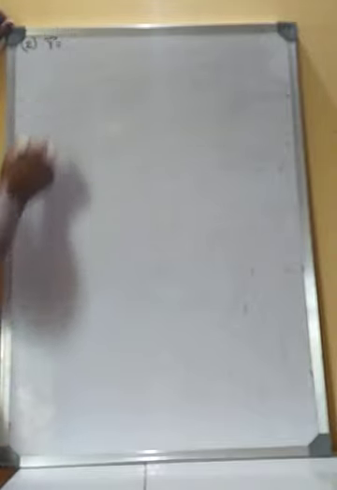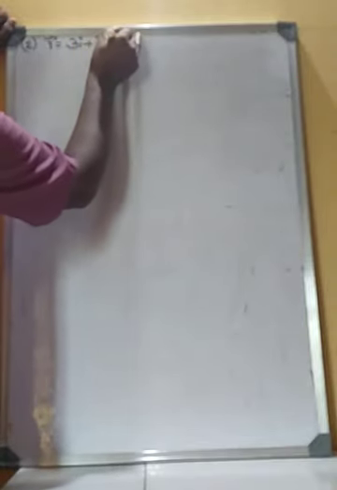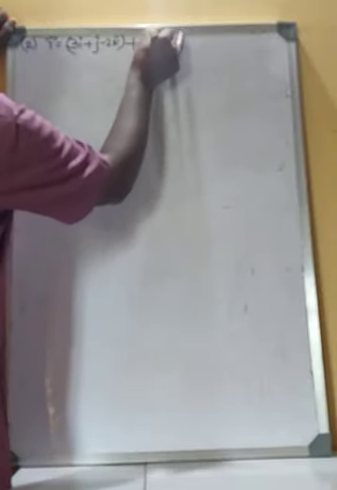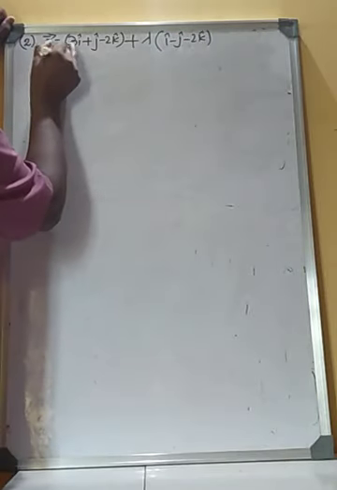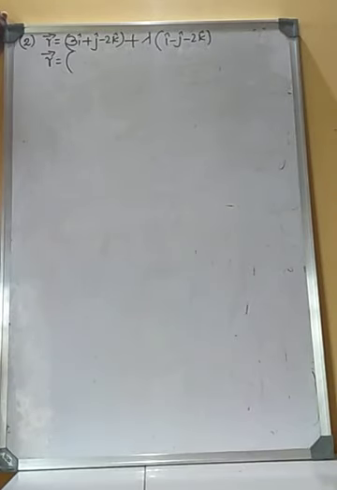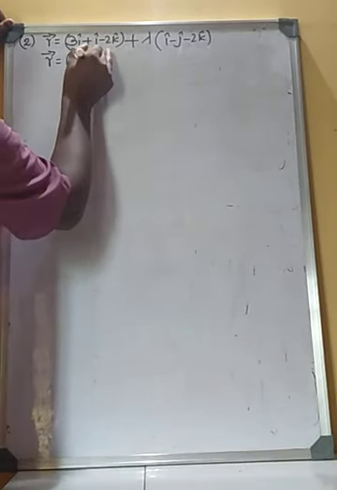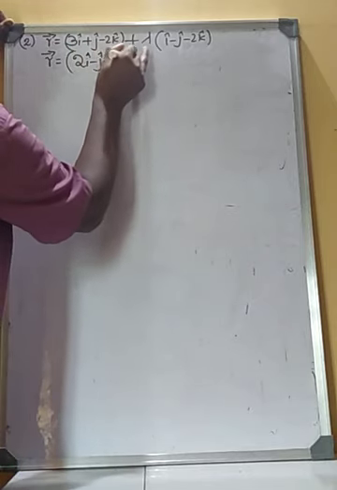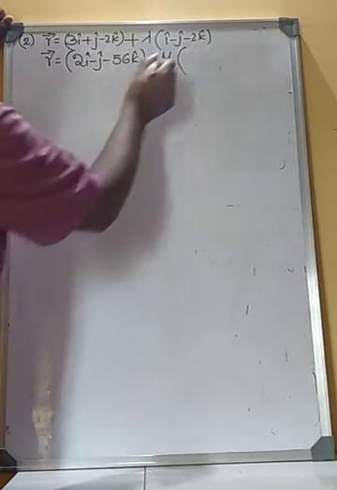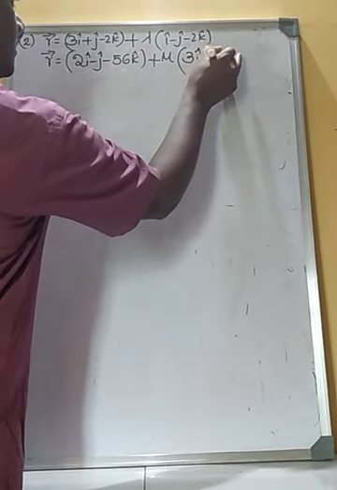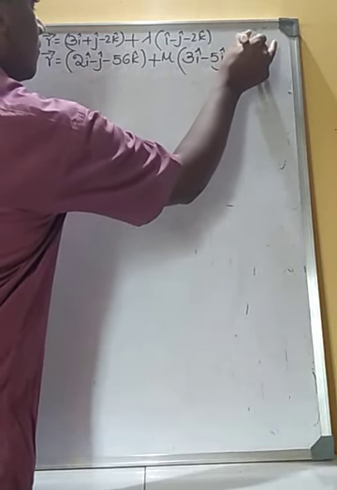Vector r is equal to 3i plus j minus 2k plus lambda into i minus j minus 2k, and vector r is equal to 2i minus j minus 56k plus mu into 3i minus 5j minus 4k.